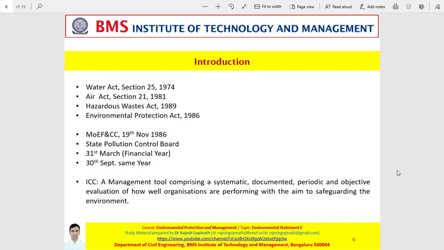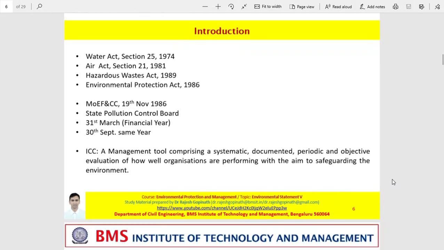Defined by the International Chamber of Commerce as a management tool, a systematic, periodic, documented objective evaluation, Form 5 helps organizations in order to safeguard and protect the environment.